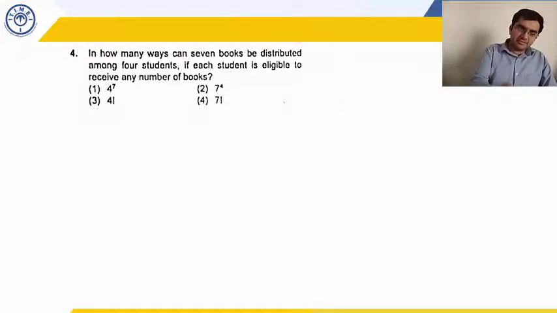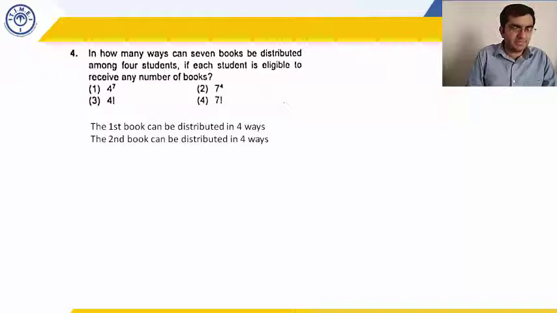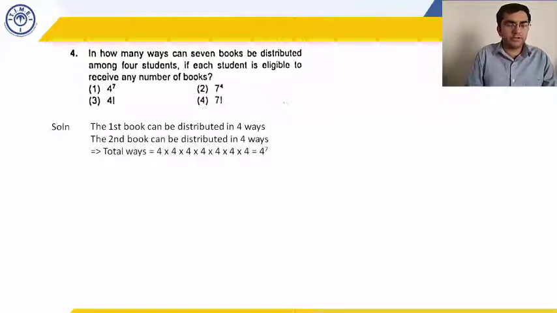Second book can be given in 4 ways. Third book in 4 ways. Fourth book in 4 ways. So basically the total number of ways becomes 4 into 4 into 4 into 4 into 4 into 4 into 4, and that is 4 raised to the power 7 ways. That is the number of total ways.